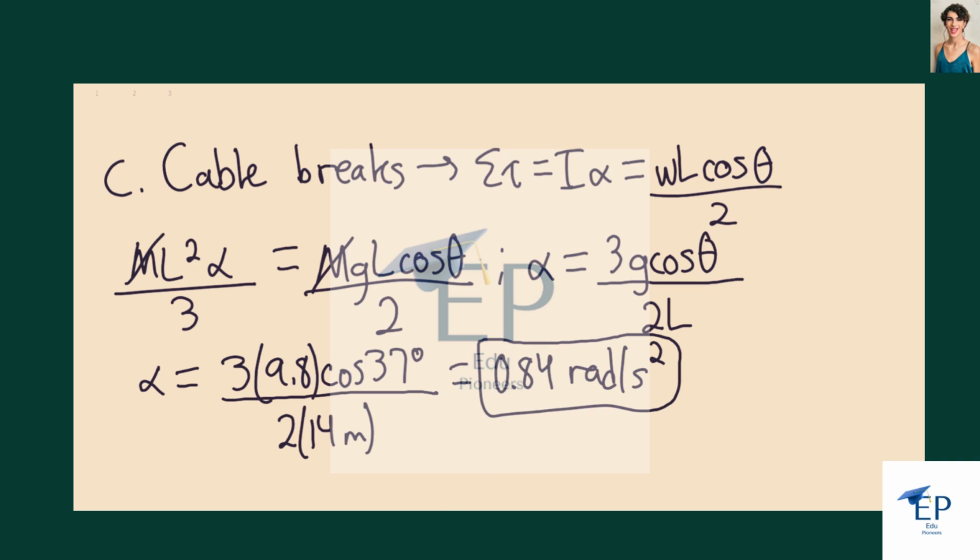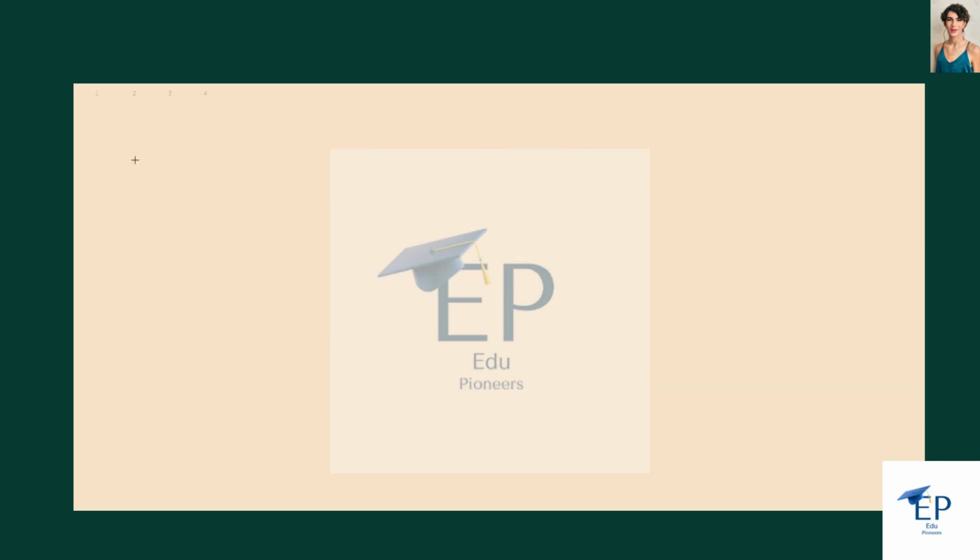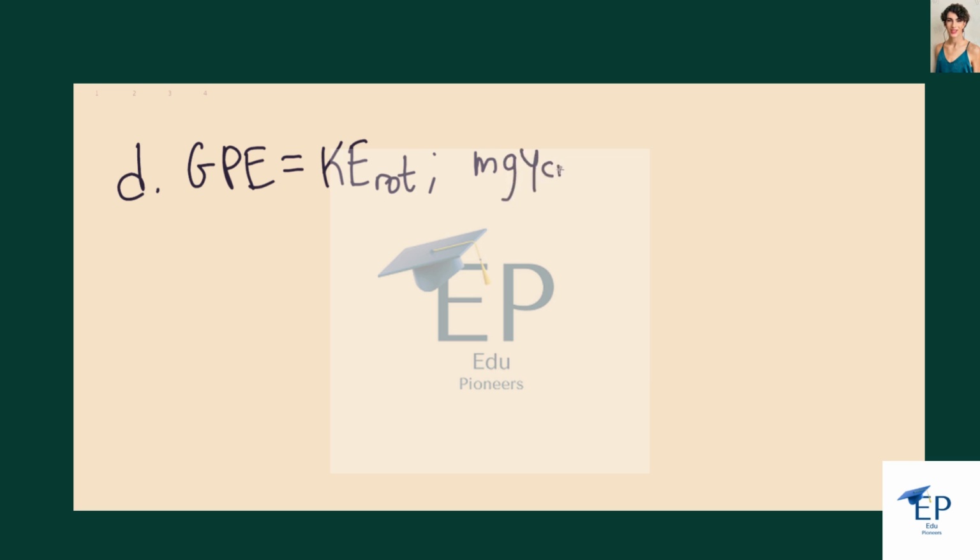And then for part D, they want us to find the angular velocity. So for part D, we can simply say that the gravitational potential energy is going to be equal to the rotational kinetic energy. So this would be mass times gravity times the height of the center of mass will equal 1/2 times the moment of inertia of a rod times omega squared.